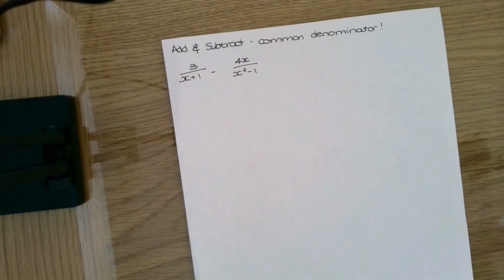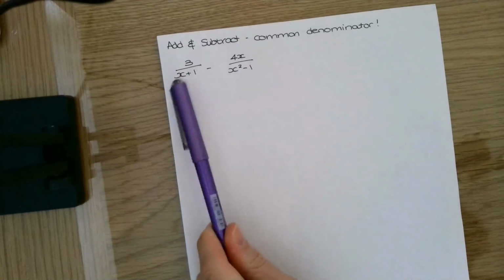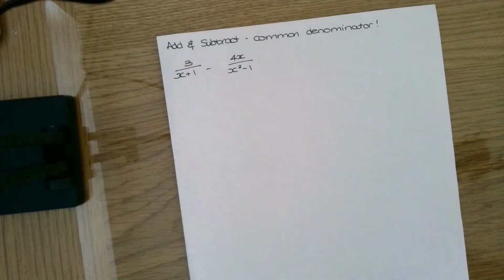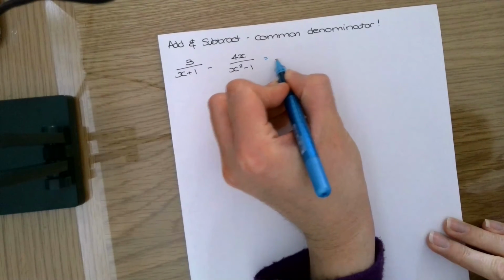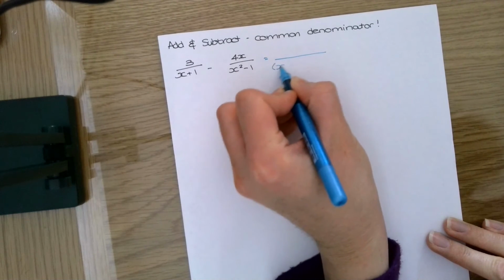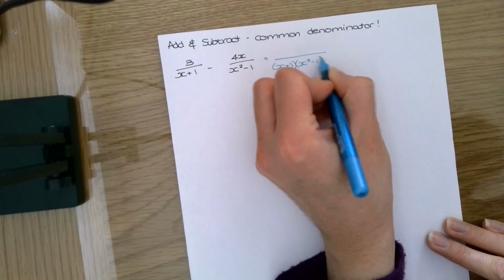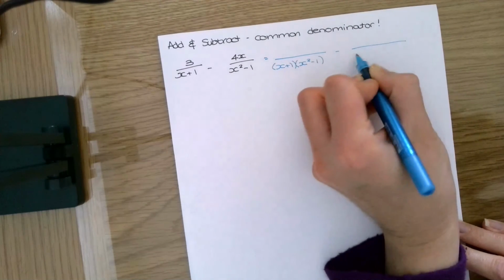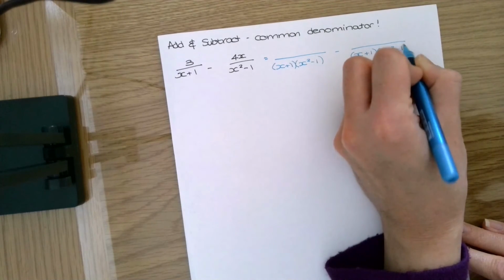Final skill, if we want to add and subtract. If we want to add and subtract, we need to find a common denominator. Now you can just multiply the 2 denominators together and then work it out. I'm going to do that first for you, but you'll see that it's not necessarily the best way, because I had one common factor of x plus 1, x squared minus 1, and so I was making that the common factor for both, which is a legitimate method, it will work.